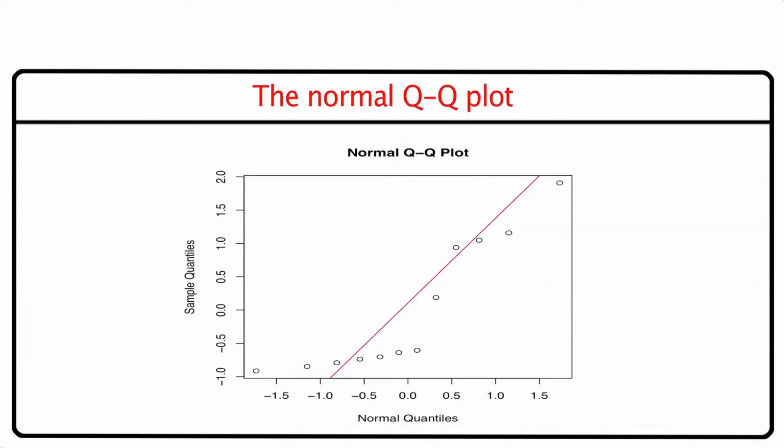If you see the QQ plot, we find that the observations are scattered, and ideally the points should lie on the red line, but there are many points above and below the red line. So it is confirmed that the underlying distribution is not normal.